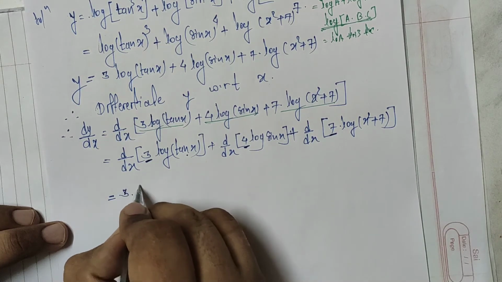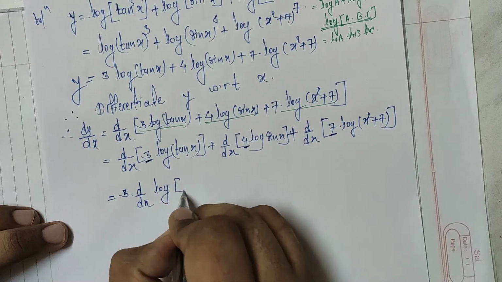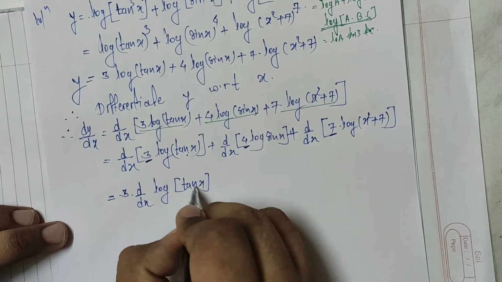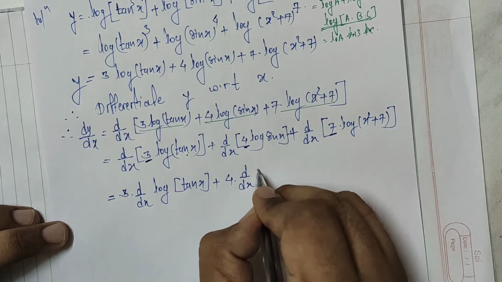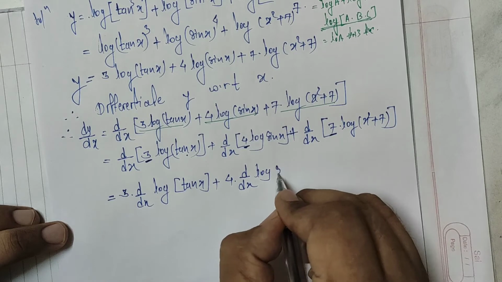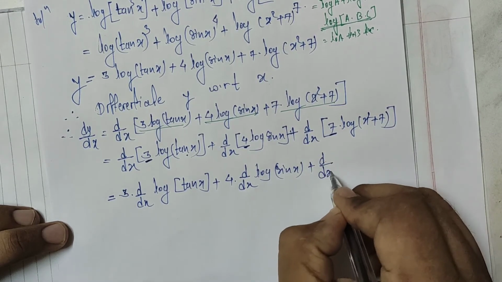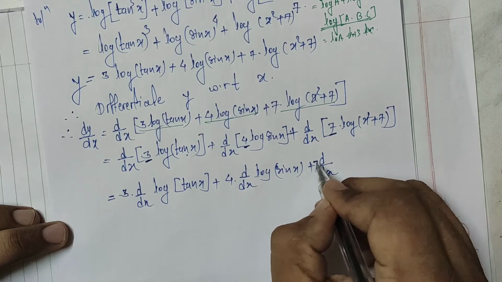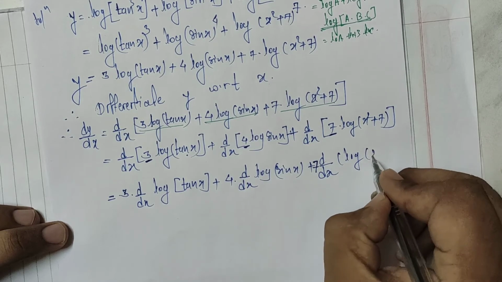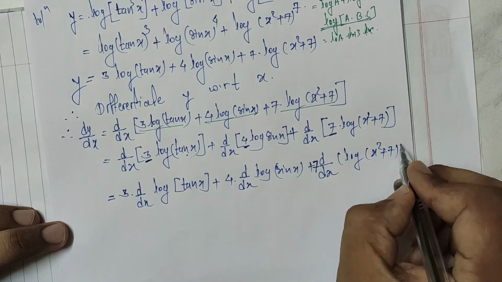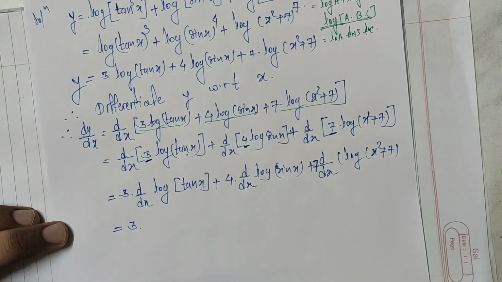So 3 as it is, derivative of log of tan x, plus 4 is constant, derivative of log of sin x, plus 7 is constant into derivative of log of x square plus 7. Then we only have to find derivatives.